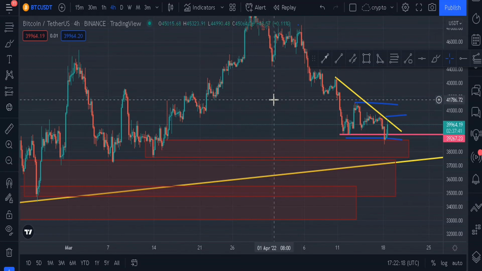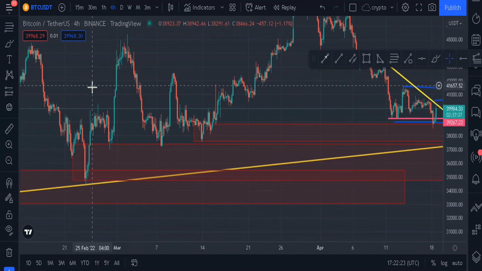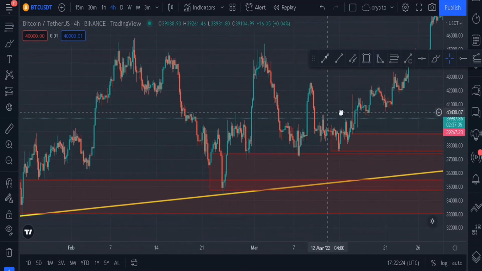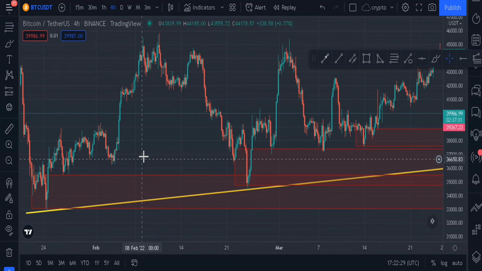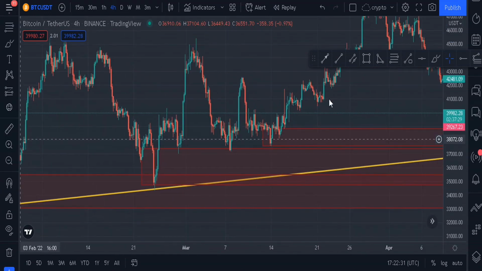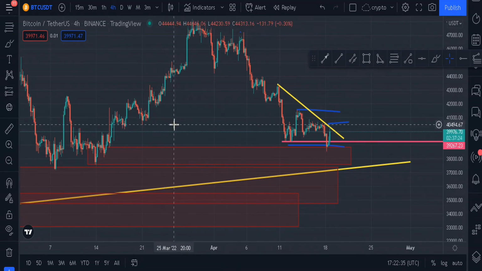And there are also inefficiencies at this point, and at this point, and also at this point. Maybe in the future you can see those get filled up, but for now I don't see it going down. But you can't really predict. I say again, you just react to price movement. You don't really predict price movement.